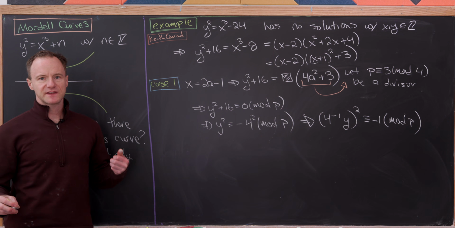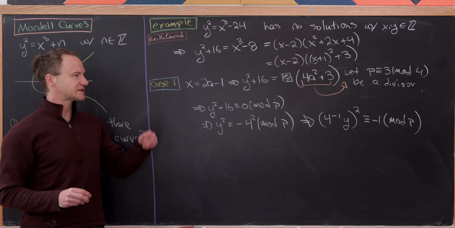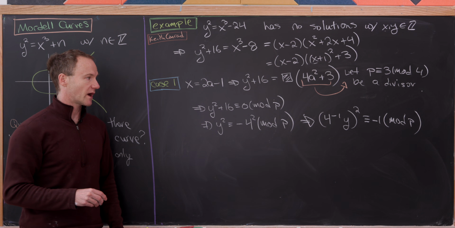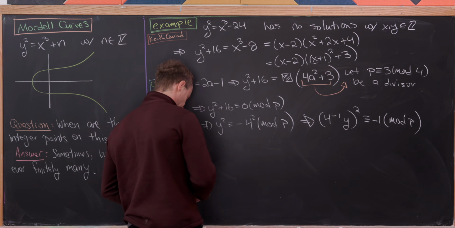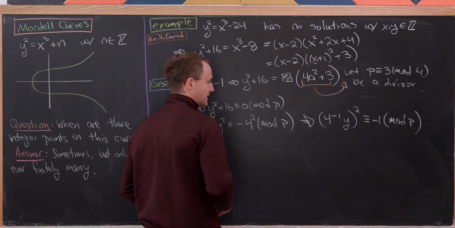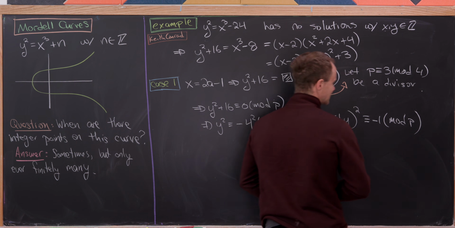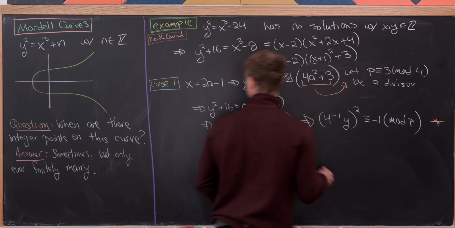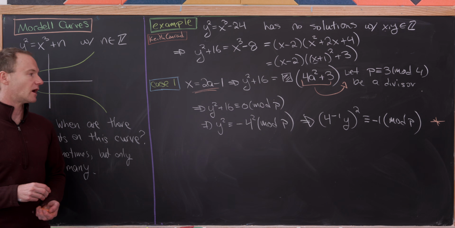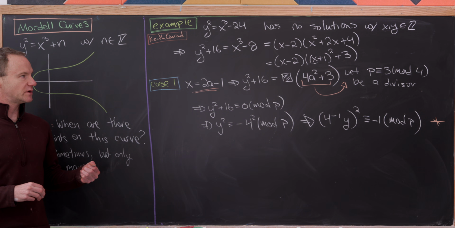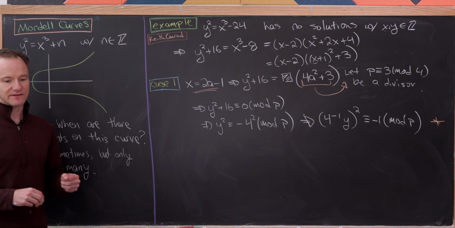But here we've got the same problem that we did before. Minus 1 is a perfect square mod a prime that's not allowed to have one, by our previous discussion. So that leads us to a contradiction, which means it's impossible for x to be odd, which means we must have the case when x is even.